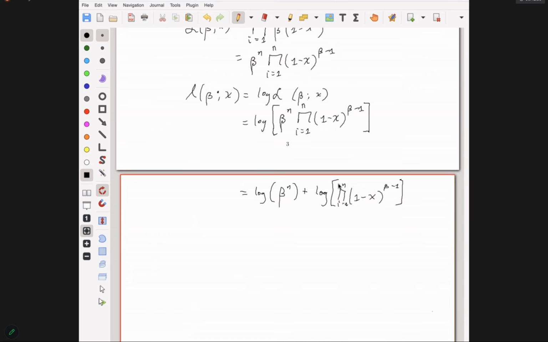Is it possible to put numbers instead of n? No, it has to be n, because n is the sample size. You can't put anything in place of the sample size.